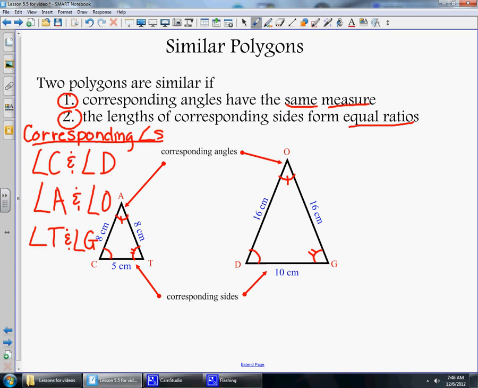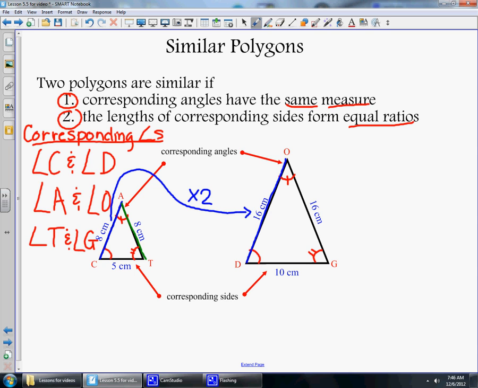So in this triangle here, CA corresponds to DO. The side length of CA is 8 centimeters, the side length of DO is 16 centimeters. We multiply by 2 to get that new side. All the sides then should be able to be multiplied by 2 if these are similar.